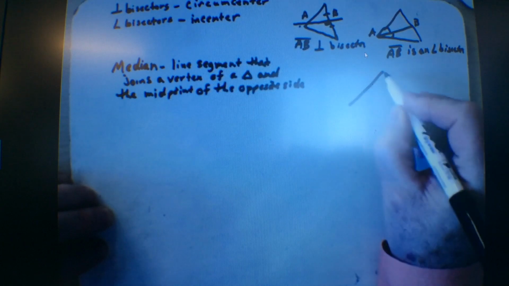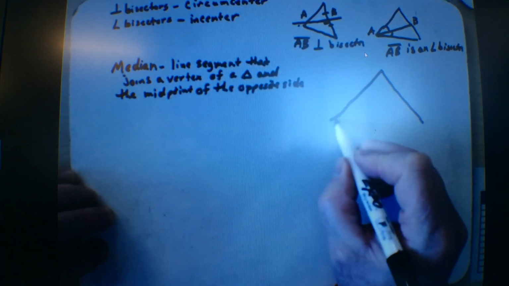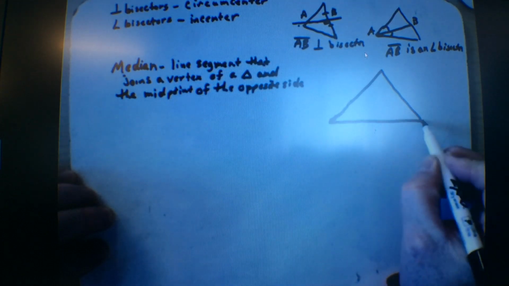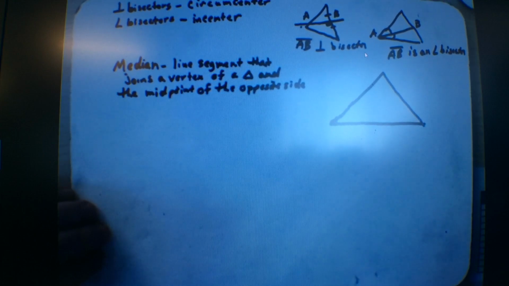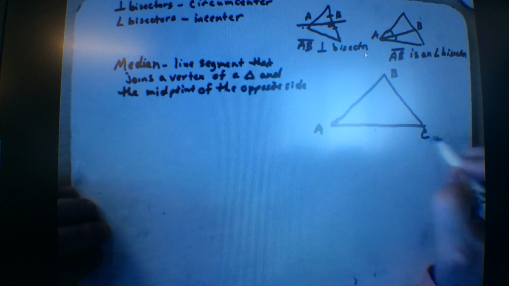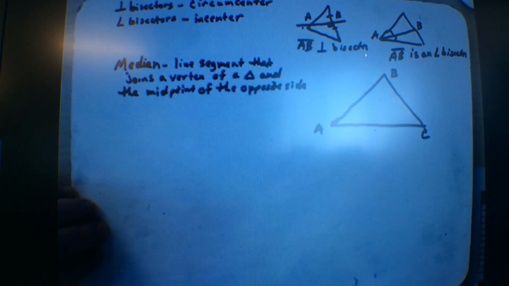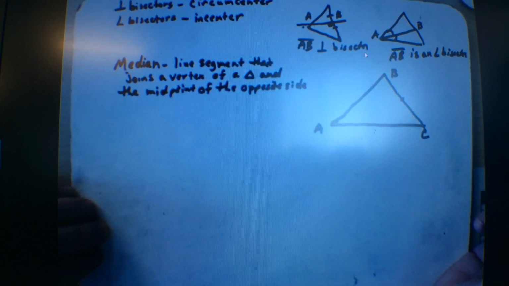So I'm gonna draw the triangle a little bit bigger this time. We good? Call this A and this B and this C. Okay. Here's the midpoint of the other side. I made that up.